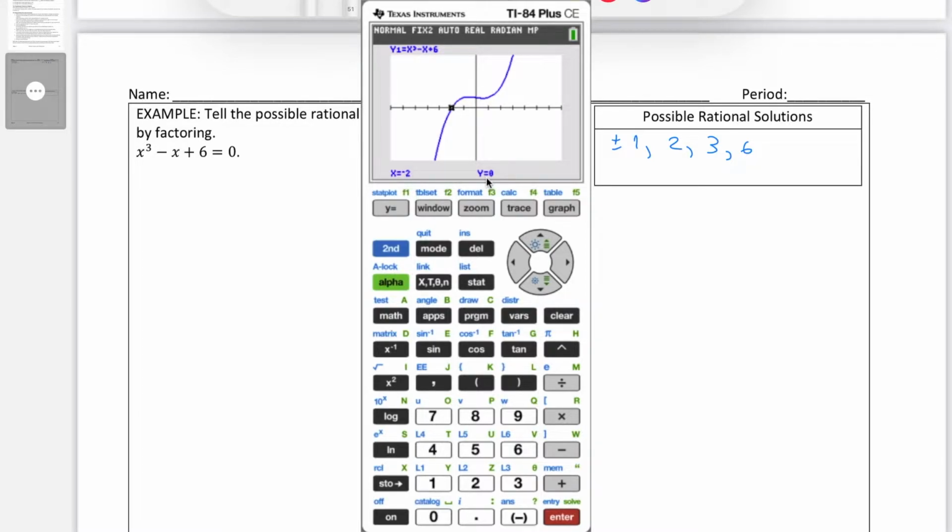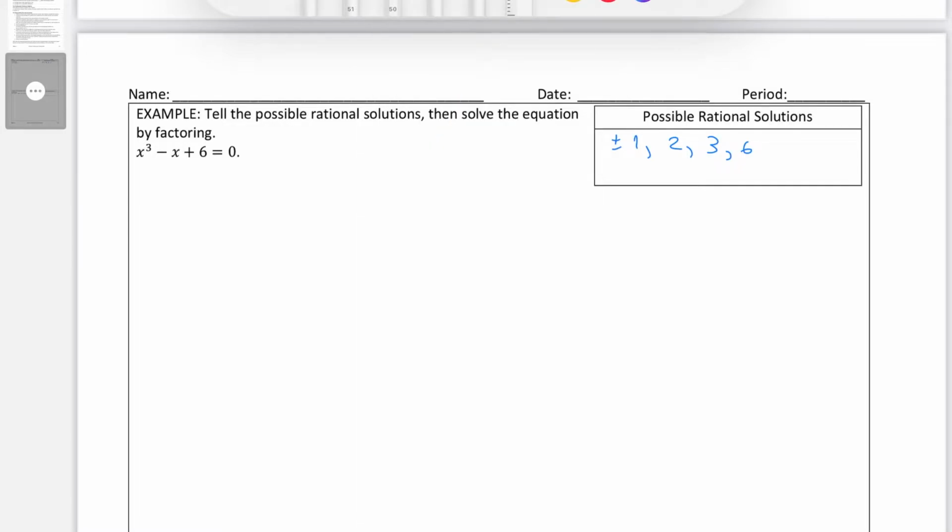That tells me I've found a solution. So that's what I'm going to do, take that negative 2 number, x equal negative 2, and do a synthetic division with x equal negative 2. I feel safe in writing down my first solution. My first solution, x equal negative 2.